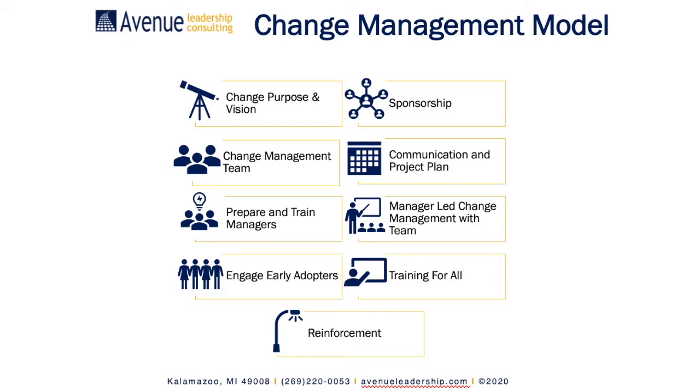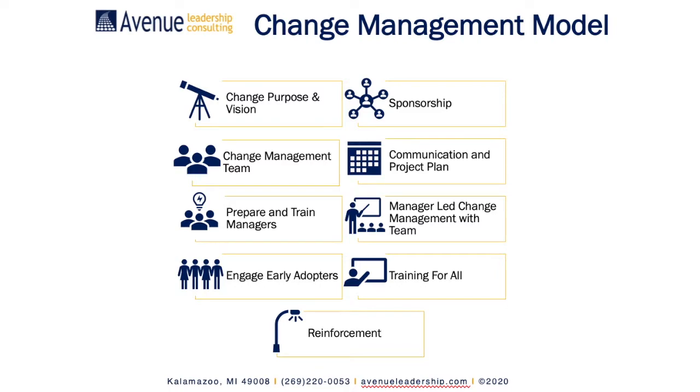What naturally follows is manager-led change management activities that they can conduct with their team using tools and communications provided to them. An important change management step and strategy is to engage and recognize early adopters, enable them to influence their peers and be a champion through providing them with information, tools, and training. Then leverage them to spread messages, calm fears, get buy-in from team members, and train others.